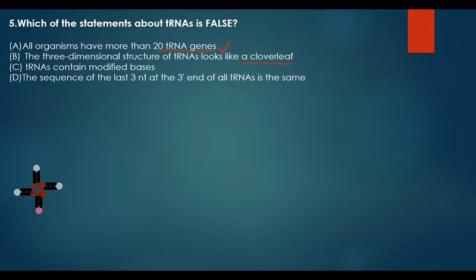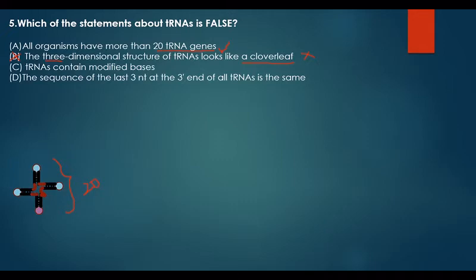It is false because the two-dimensional structure of tRNA looks like a clover leaf, not the 3D structure, because it can't be locked into the ribosome in clover leaf structure. The three-dimensional structure is different for tRNA. So the second option, the 3D structure of tRNA looks like a clover leaf, is the false statement. So the answer is B.